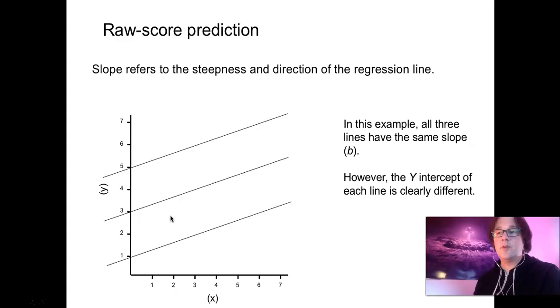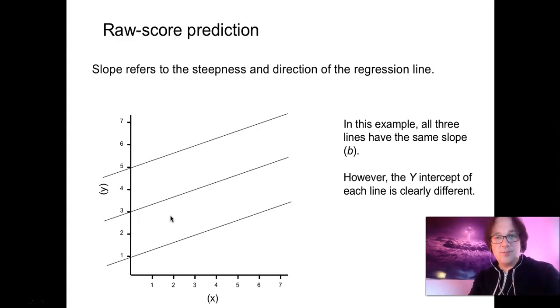So how do we find a and how do we find b? How do we calculate the y-intercept for a raw score prediction, and how do we calculate slope? Well, I'll show you how to do it, but I don't want you to worry too much about it, because by and large we're going to get this information using SPSS.